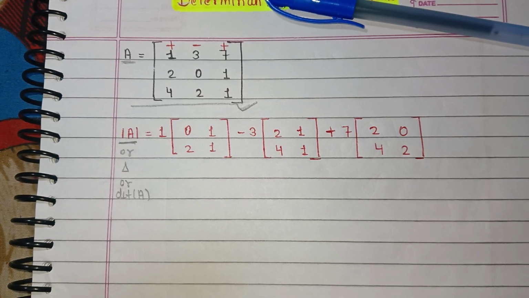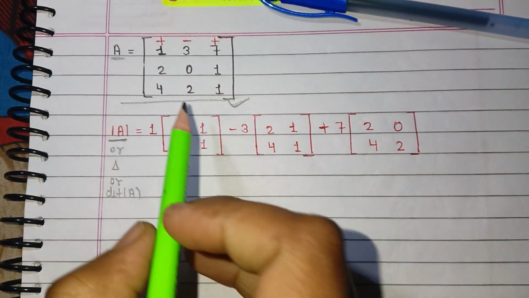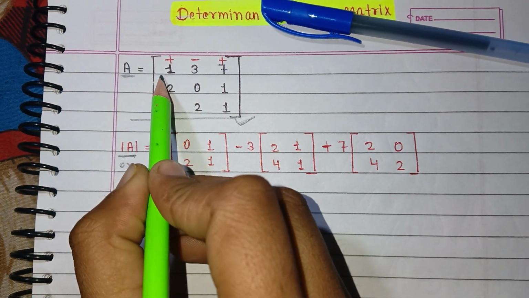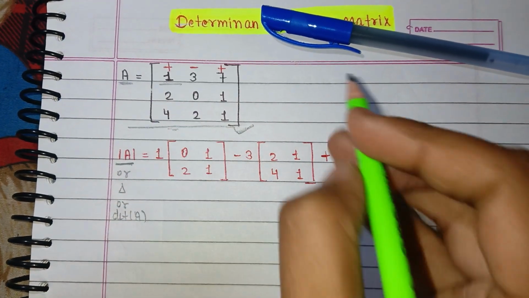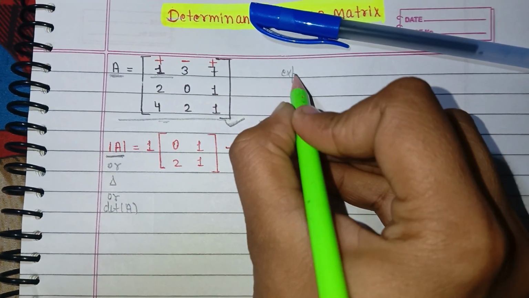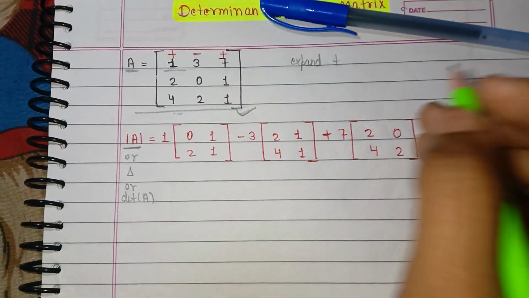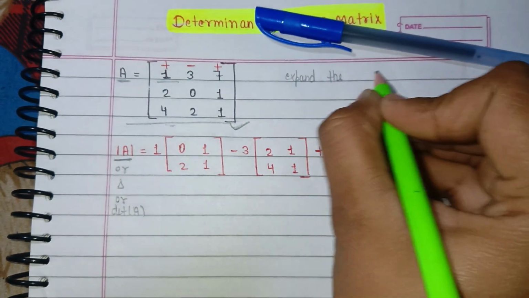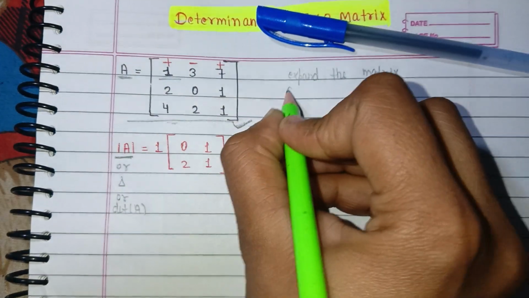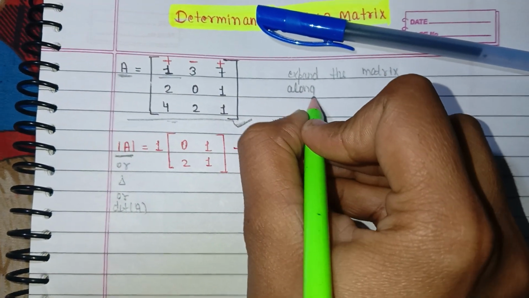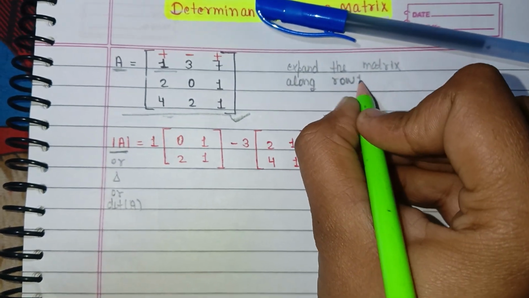For finding the determinant of a matrix, we need to expand the matrix along a row or a column. So in this video, I'm going to expand the matrix along row 1.